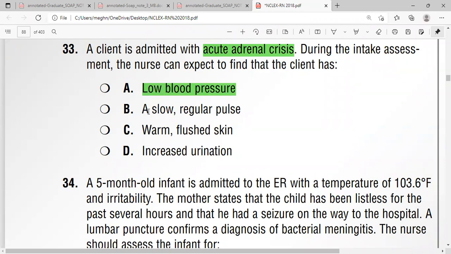Answer B is not correct because the pulse would be rapid and irregular. Number C is not an answer because the skin would be cool and pale, cold, not warm. Number D is not an answer because the urinary output would decrease, not increase.